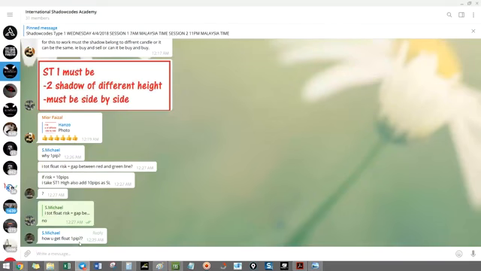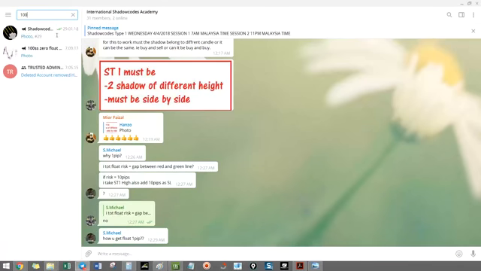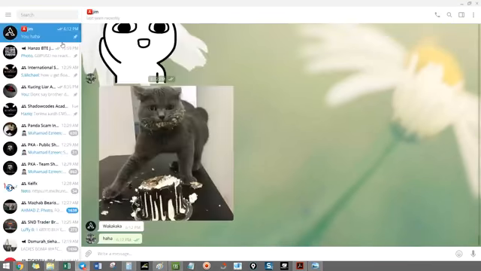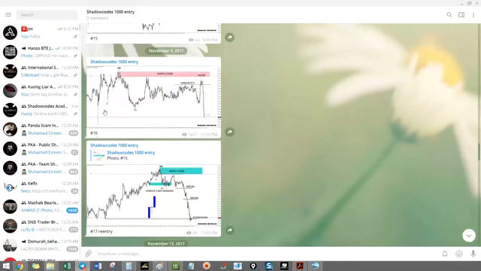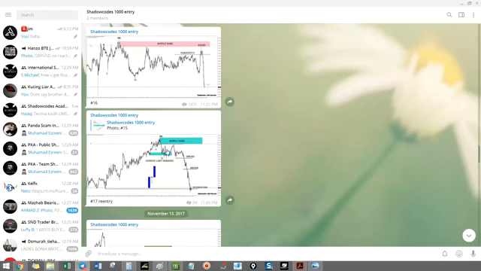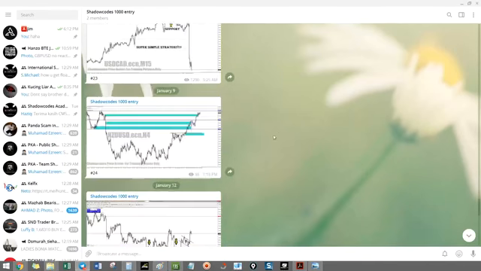How do you get a float of 1 pip? I show you one of my trades. This is not a fantasy, it's not just the thing that you see in back test.